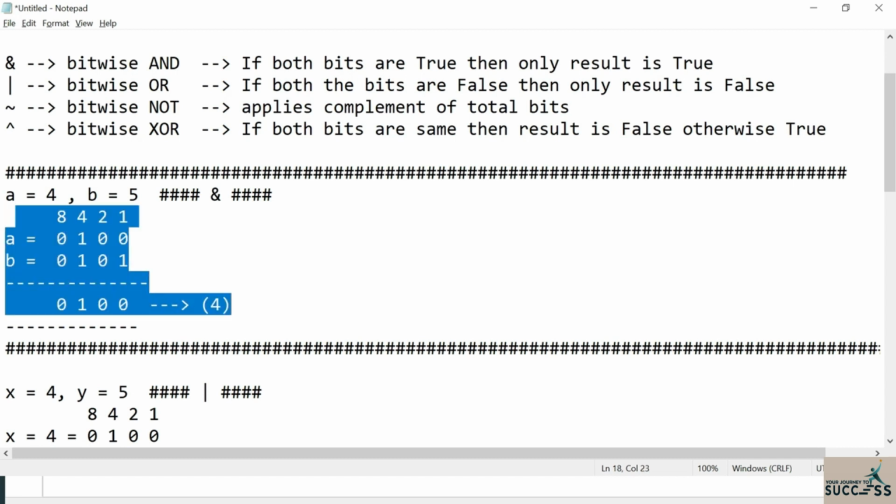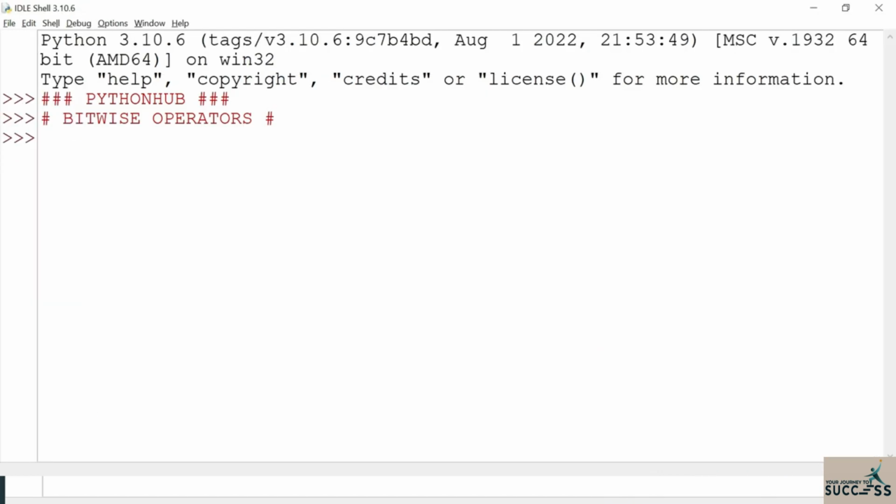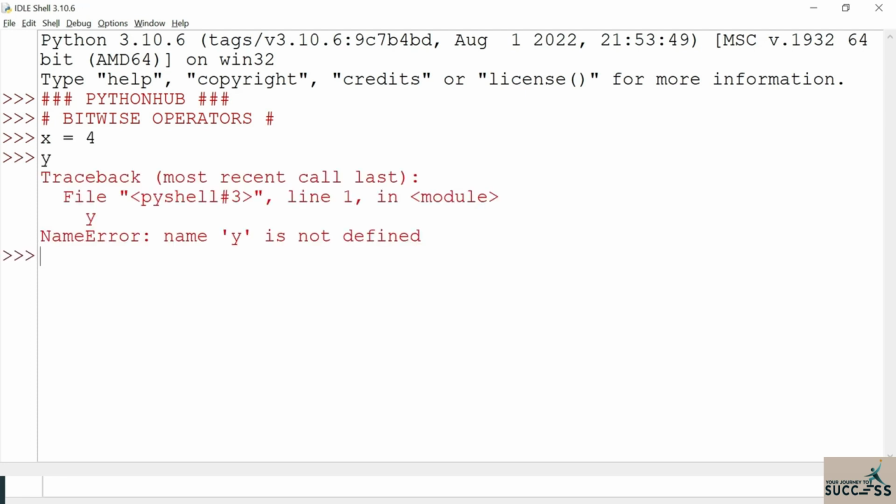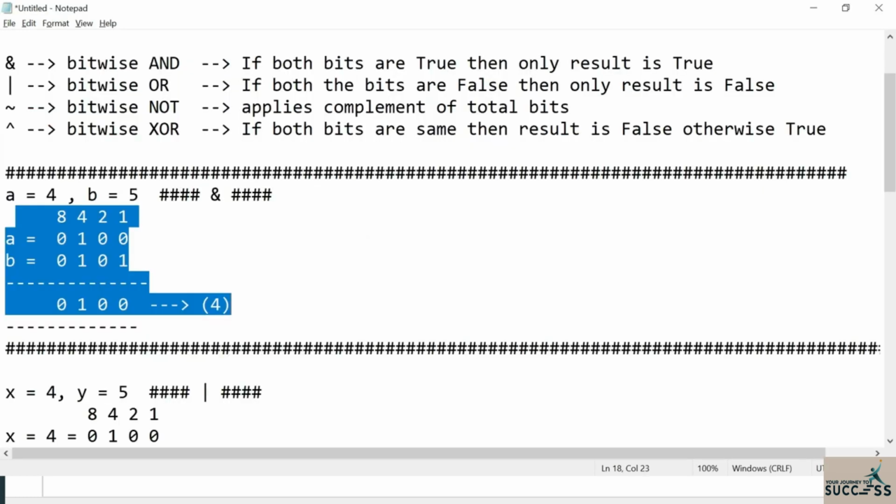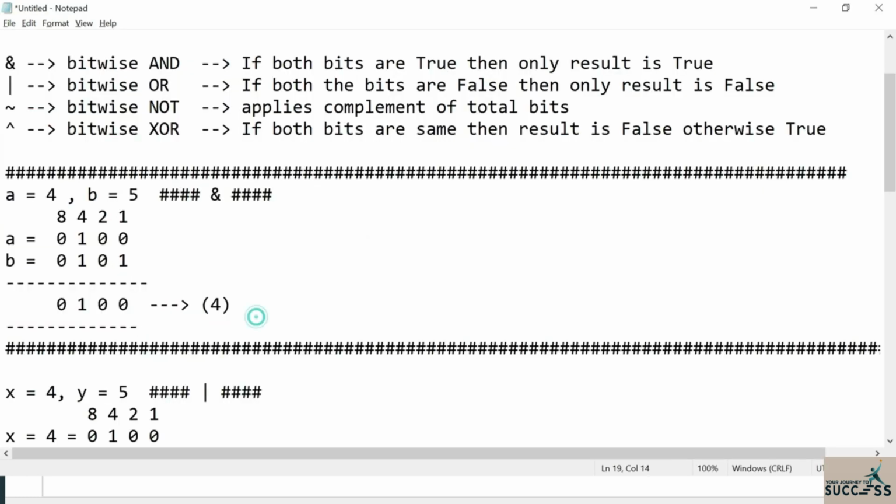Now let us see in the IDE. The x value is 4 and the y value is 5. If we apply x and y, what is the output that we got? 4, right?